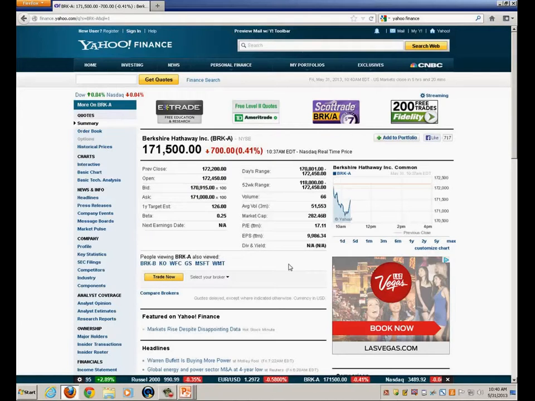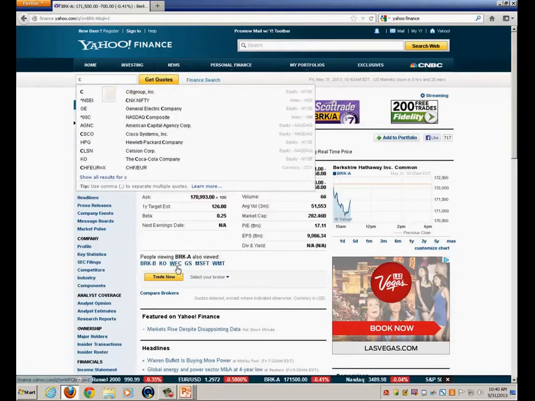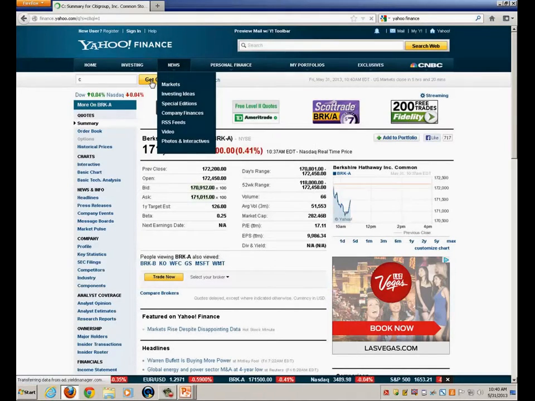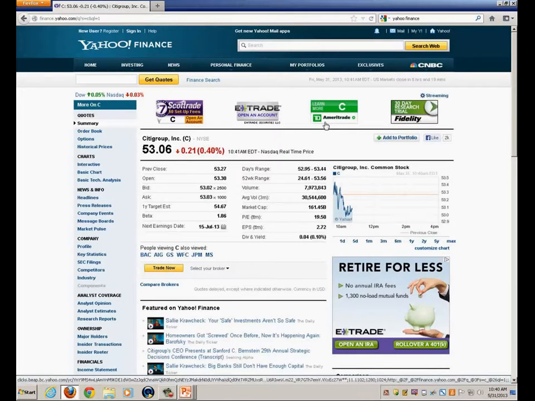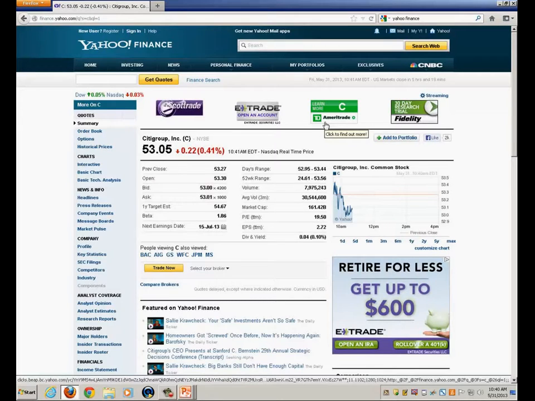Let's take another example. Let's look at Citibank, and we'll look at Citibank compared to Bank of America. So here's Citibank. Trades at about 50. Its total market cap is 160 billion, pretty good number. Their beta, which we'll talk about in a moment, and a lot more in a couple of weeks, is 1.86.